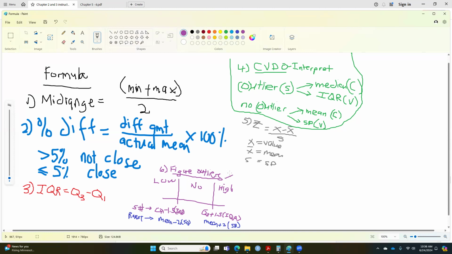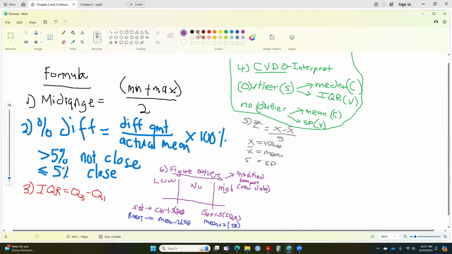You can also draw a modified box plot. This is only used if you have raw data. So if I call you to go to data set number 10 or data set number whatever, if I give you the raw data, then I will say modified box plot.